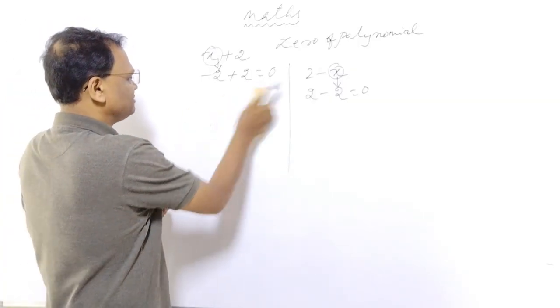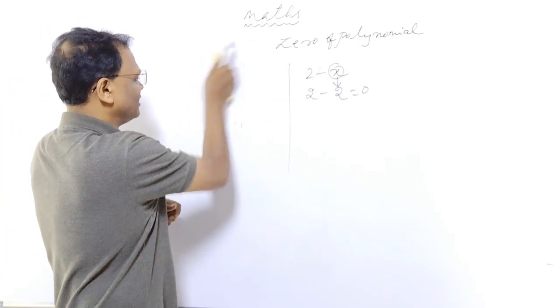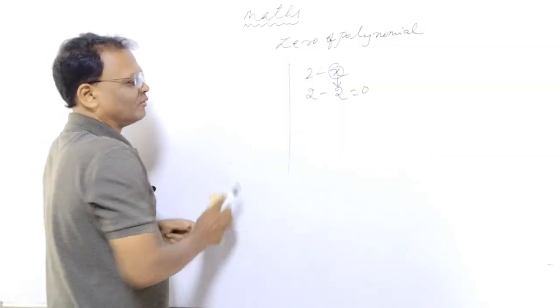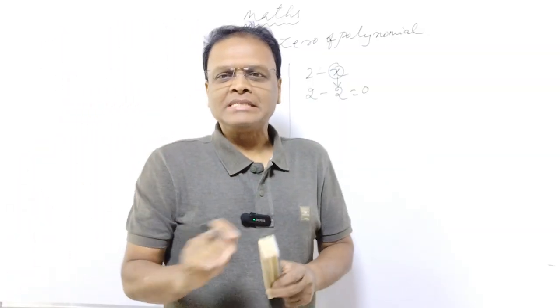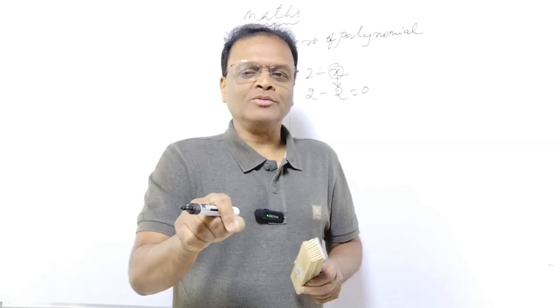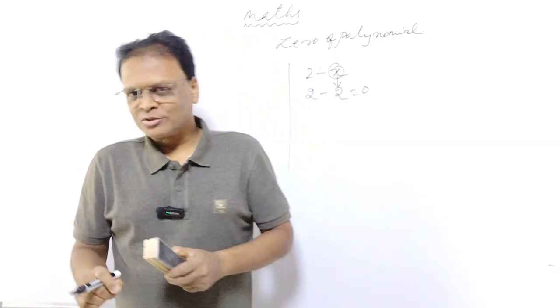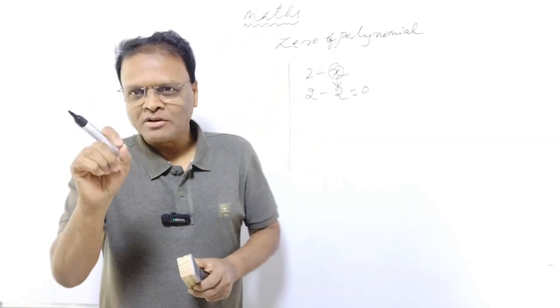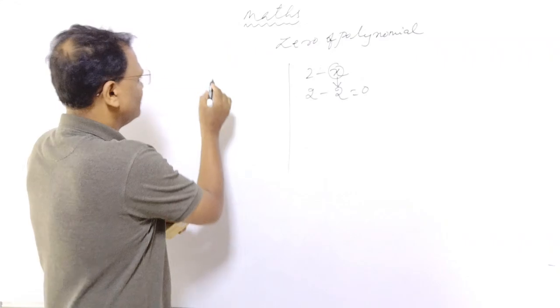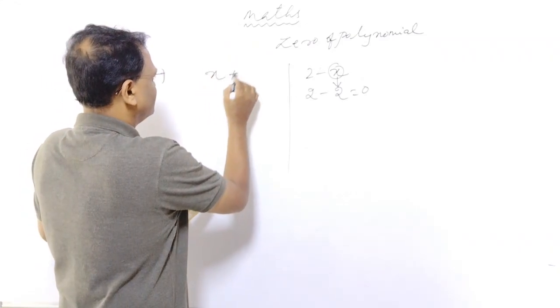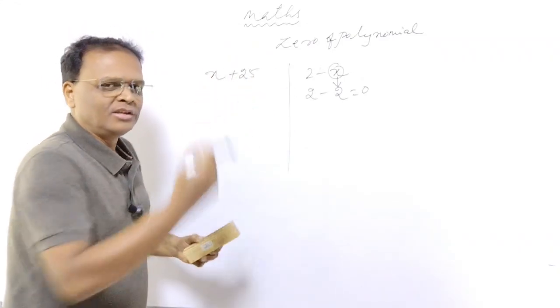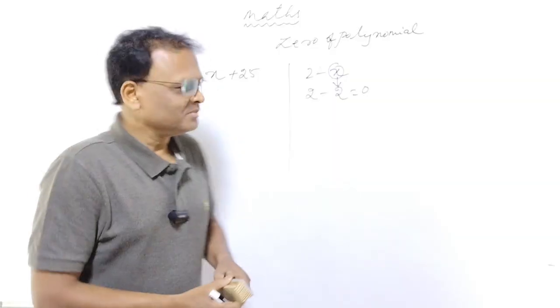Let's further discuss. I think till now you are getting what the 0 of the polynomial is. The 0 of the polynomial is nothing but what you have to write instead of x so that the entire expression becomes 0. In this case, you can tell me what the 0 of the polynomial is.